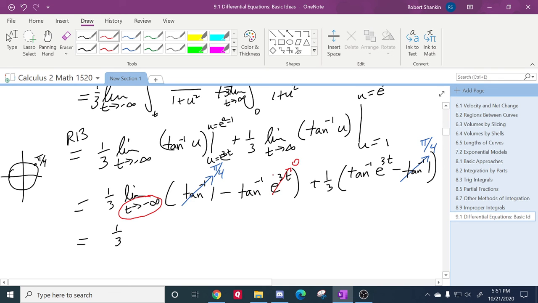So you're going to be taking the inverse tangent of 0. So now remember, tangent is sine over cosine. When is the sine 0? It's over here.